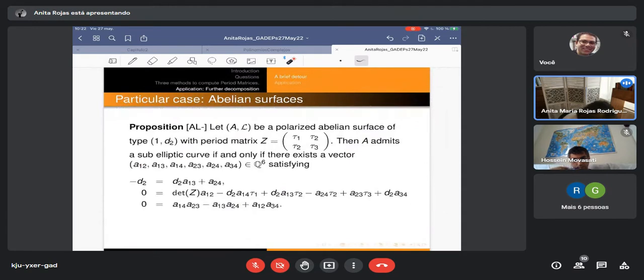And for that, another brief detour: with Robert Auffarth and Herbert Lange, we developed a method to find out whether an abelian variety has subvarieties or not, that is, whether it can be decomposed further, if you have the period matrix of the Jacobian variety.